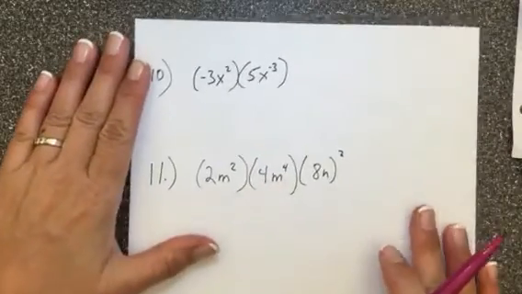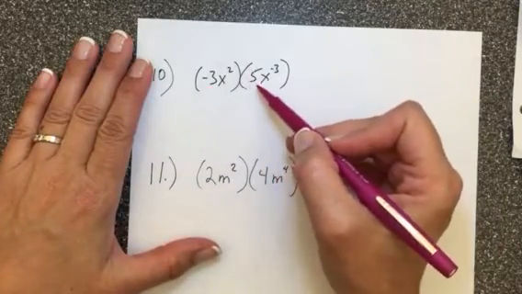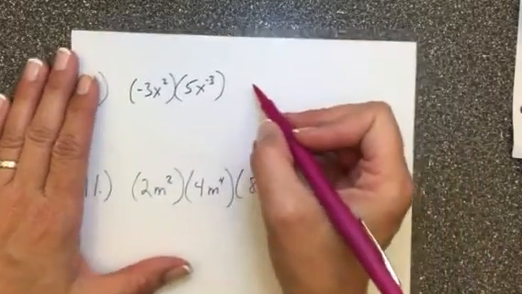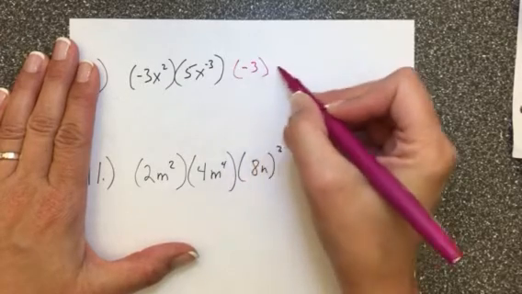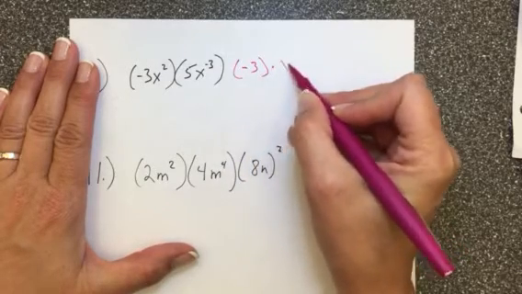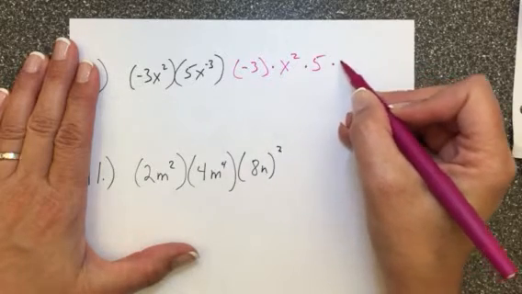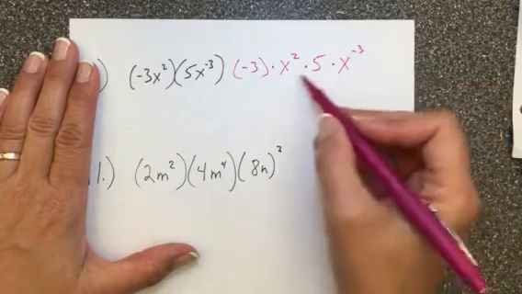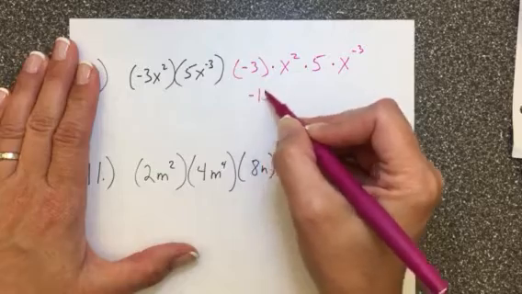For number 10, I have negative 3x squared times 5x to the negative 3rd. So this is like saying negative 3 times x to the 2 times 5 times x to the negative 3. So negative 3 times 5 is negative 15.